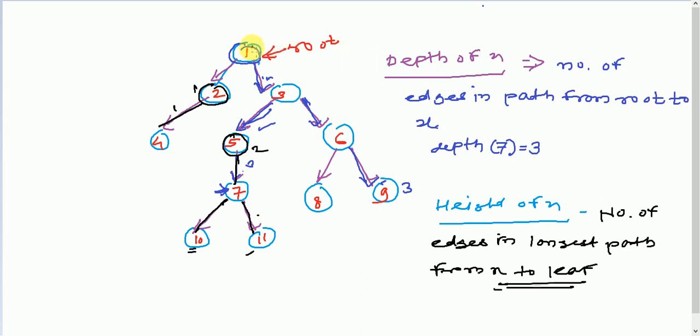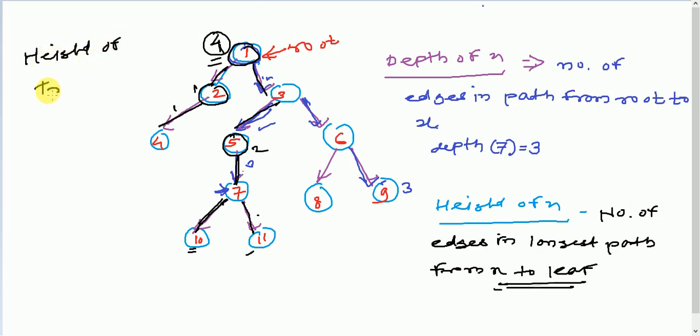Height of root node. So what is the height of the root node here? This is one path towards leaf 4. This is 1, 2, 3 and 4. So this gives 4 edges. This is the longest path with 4 edges. So that's why height of root is 4. And what is the height of the tree?